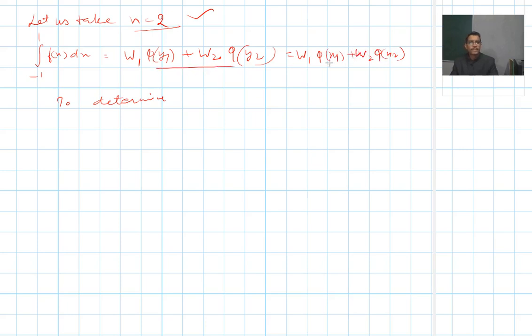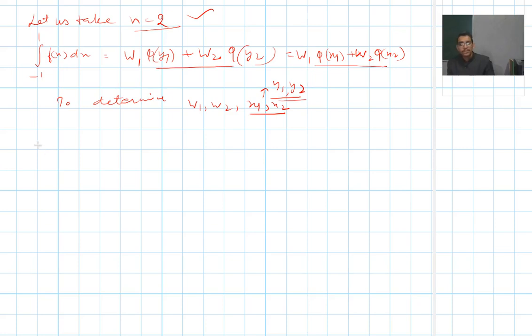These both are representing one and the same thing. So now to determine these, w1, w2 and x1 and x2, or you can also call these y1 and y2, one and the same thing, right? To determine these 4 values, let us proceed as follows.